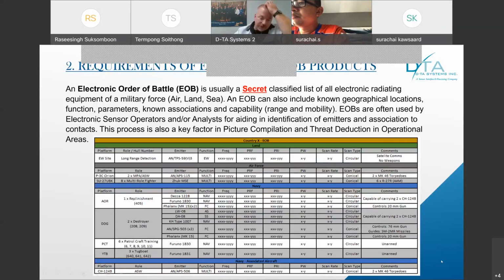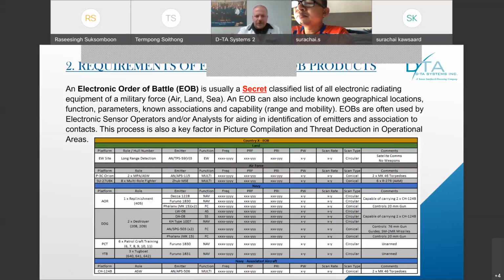So all of this information is how we did our picture compilation as well. We would further break down and understand what the range and the speed of the weapon systems was, so that when we identified, for example, let's say our ESM operator picks up an AN/APS 506 radar and we get a bearing, maybe we'll try to do a triangulation of the bearing so that we get an exact position, unless the ESM happens to go down a perfect straight bearing line and contacts an actual vessel that we can identify as an unknown aircraft.